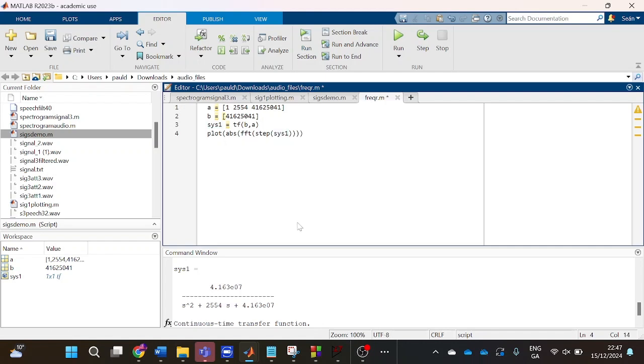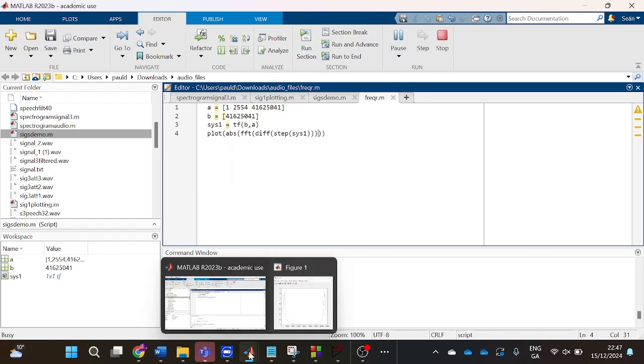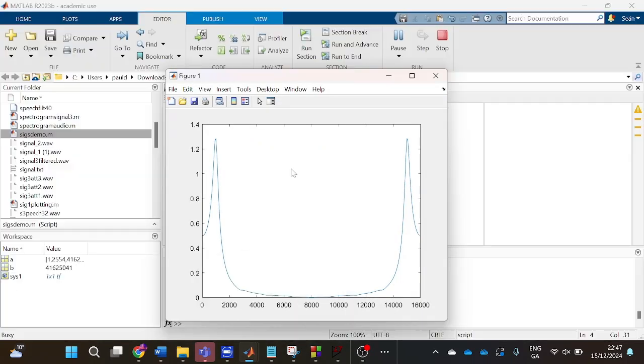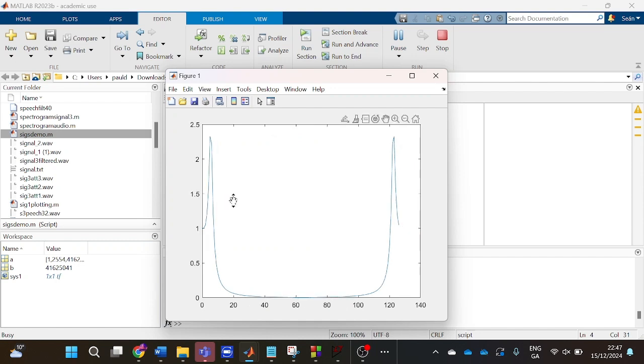Sorry, the derivative of the step response of this. So then if I go ahead and run that again, I'm going to see here that the frequency response shows up.